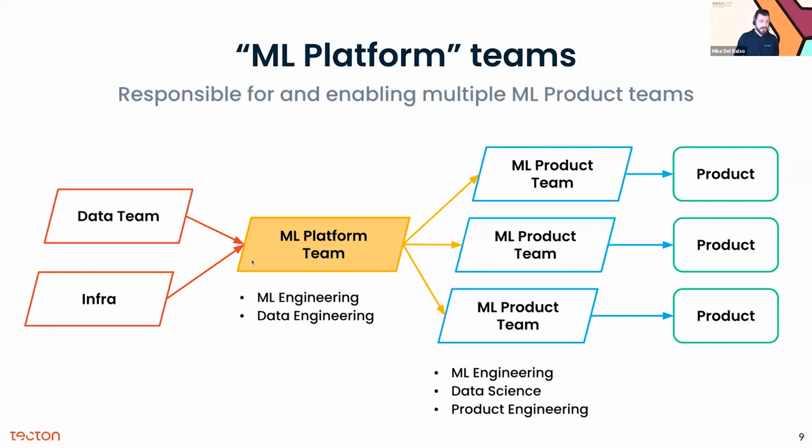It's a lot more concentrated on engineering, and they're providing reusable components, a training system, a serving system, etc., so the ML product teams, because they have the engineering support, can then focus on more of the data science and product-specific challenges.